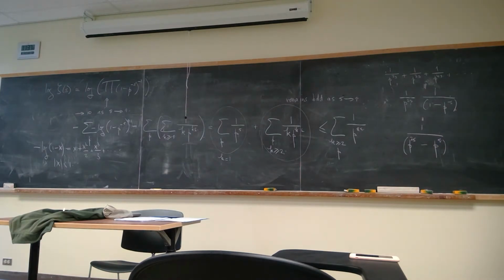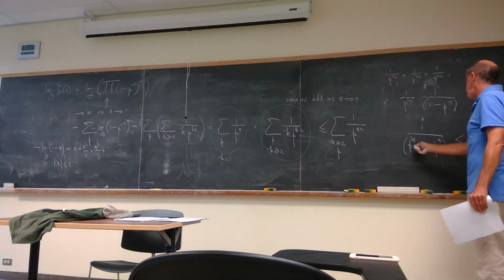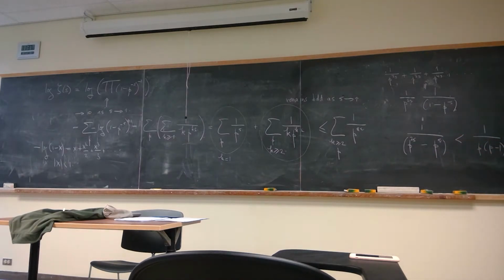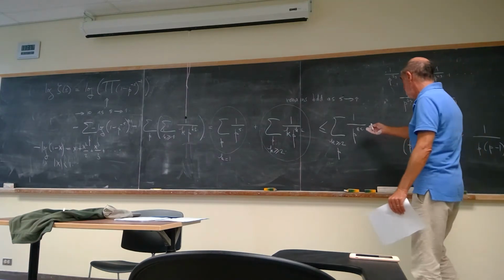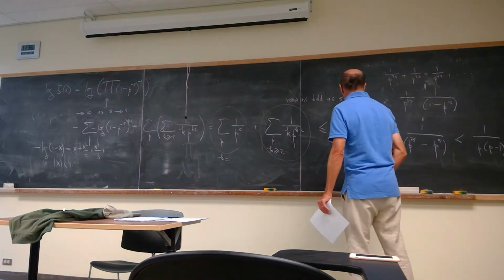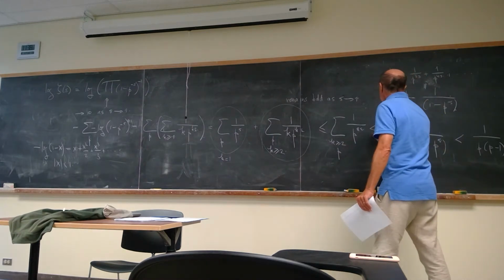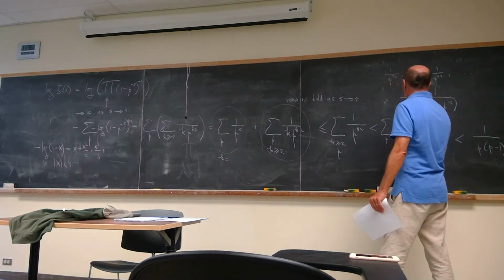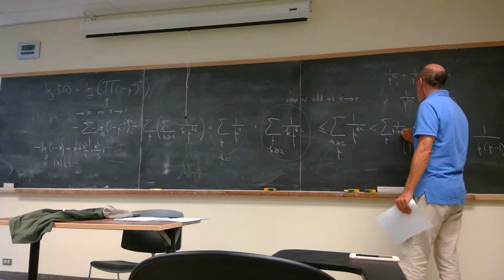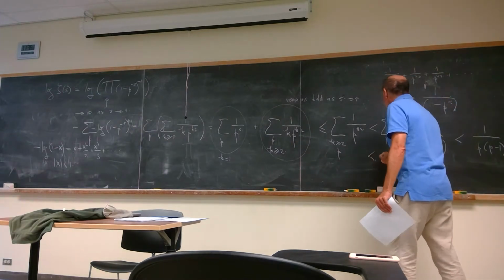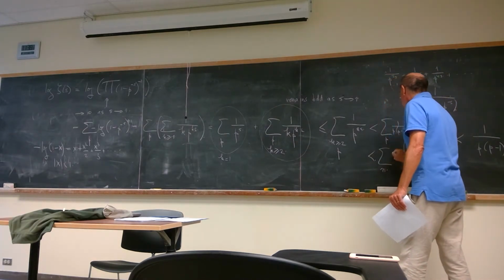And that is less, because s is bigger than 1, than 1 over p times p minus 1, right? I mean, it's p to the s times p to the s minus 1, so it's less than p times p minus 1. So this whole thing, because I have to sum now over the primes p, is less than the sum over p of 1 over p times p minus 1, which is certainly less than the sum over all integers n of 1 over n times n minus 1.